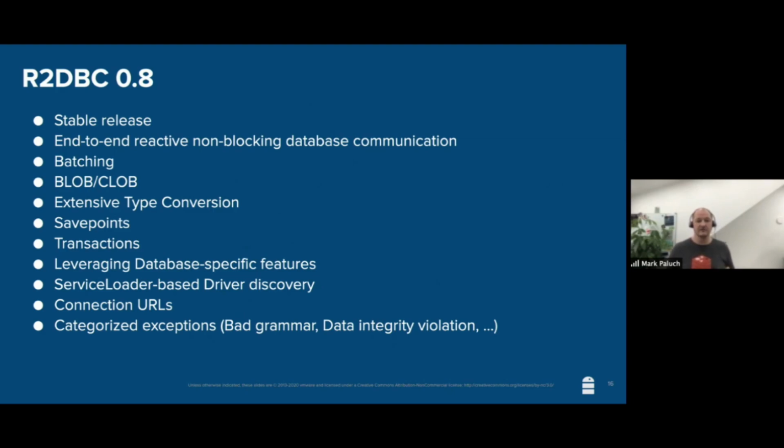In R2DBC, you follow the URL scheme, and then you know how to construct every single driver URL. And you get categorized exceptions, such as bad grammar exceptions, data integrity violation exceptions, transient, non-transient, resource exceptions, and the like. That's again a learning that we took from JDBC, which introduced these kinds of exceptions later on.